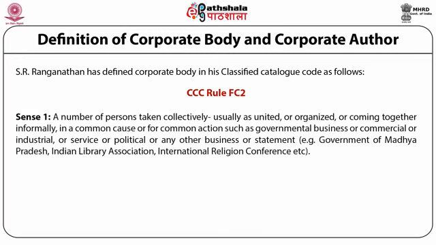Sense 1: a number of persons taken collectively, usually as united or organized or coming together informally in a common cause or for common action such as governmental business or commercial or industrial or service or political or any other business statement. For example, Government of Madhya Pradesh, Indian Library Association, International Religion Conference, etc.